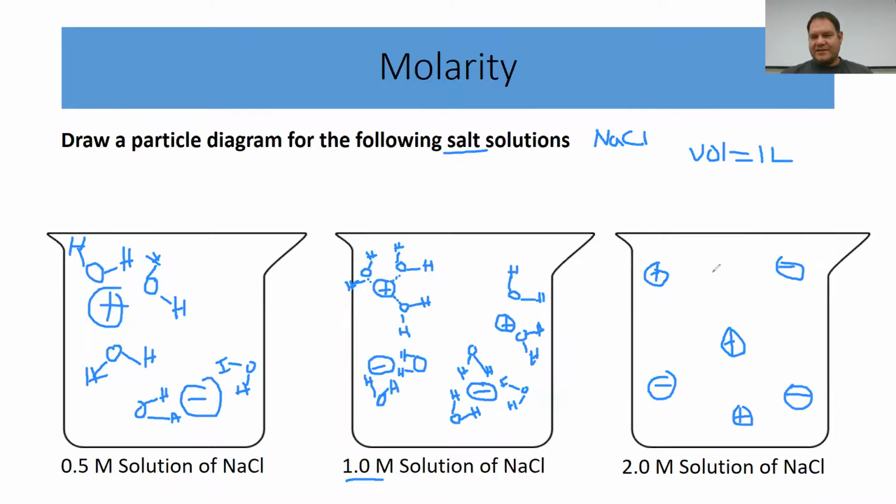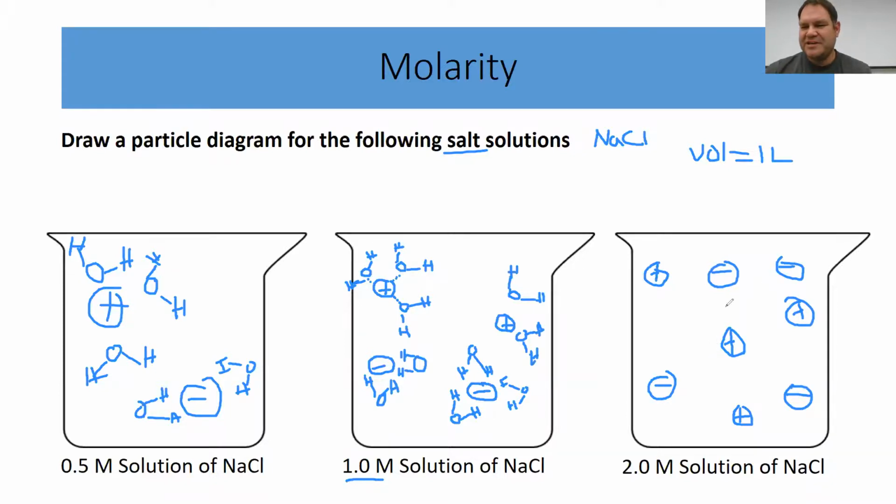I need 4, right? So negative, and then maybe another positive over here. Anyway, the idea is that I should have twice the number of moles of salt than I have in the 1 molar.